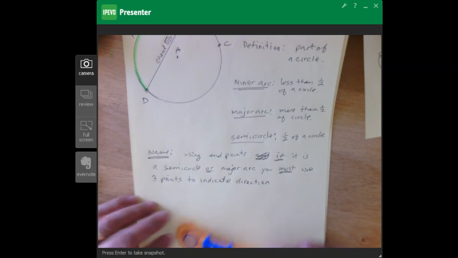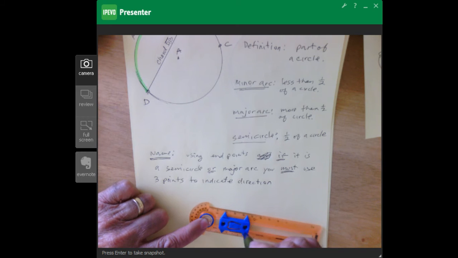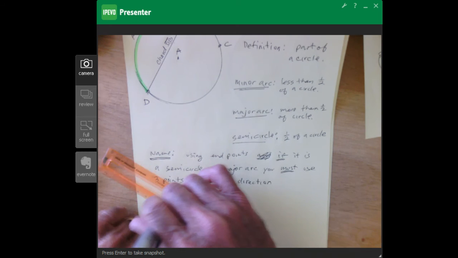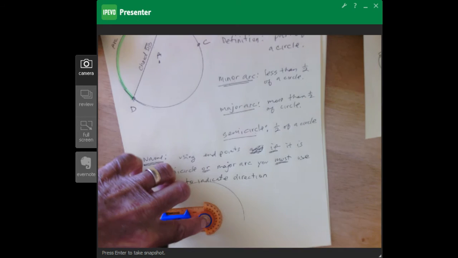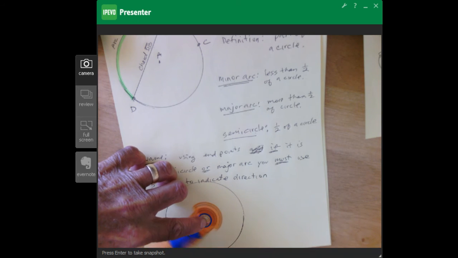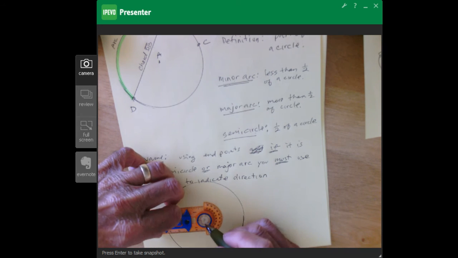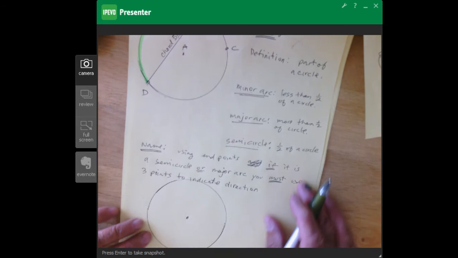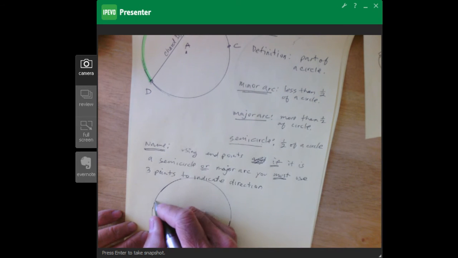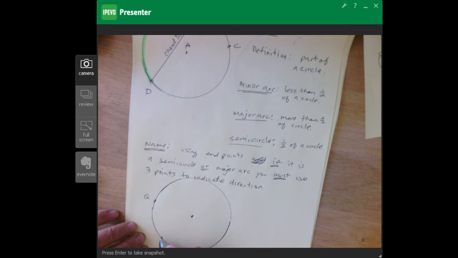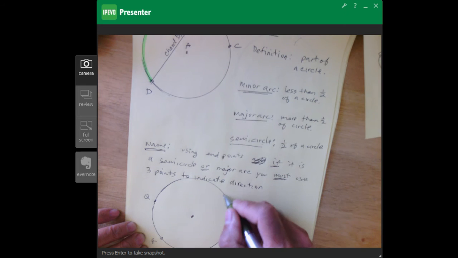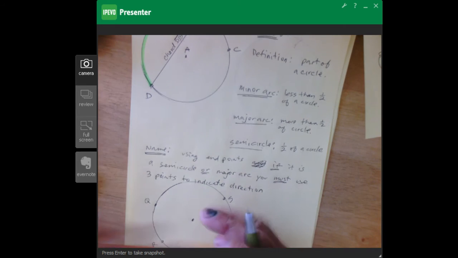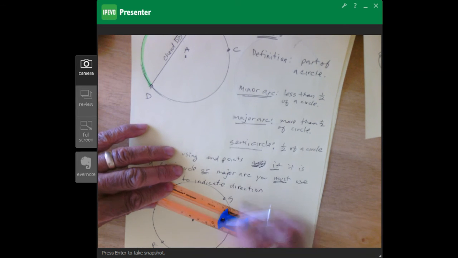So let me draw another circle. I forgot to put a center there. Let's call that the center. And Q, R, S, and we're going to need one that goes halfway too.